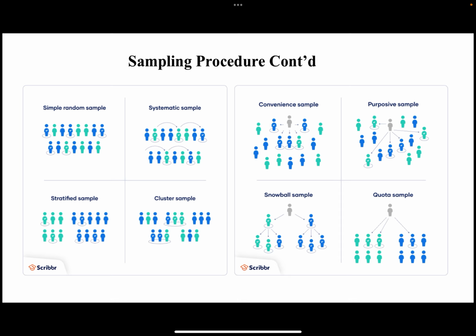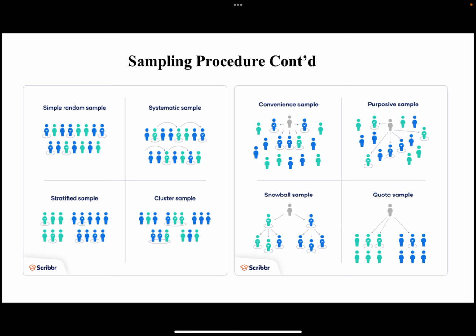Then you study all the pupils within those selected schools. That's all. Cluster sampling is very important when you are dealing with a very large population, and also situations where the population is geographically dispersed. The best sampling technique to use is the cluster sampling technique.